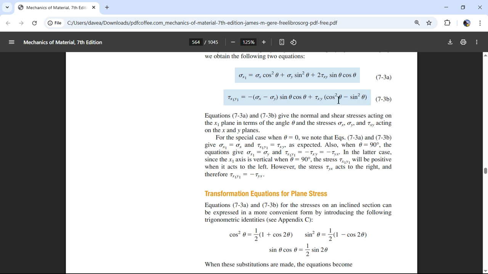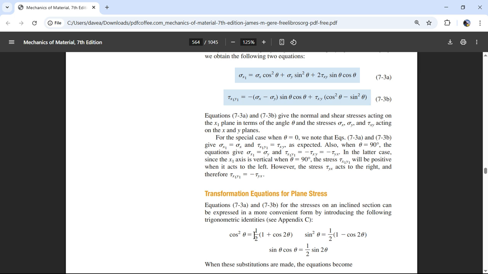You can be like, oh, cosine squared theta minus sine squared theta is going to be, hey, this is cosine squared. So this thing is cosine squared theta, and we're going to subtract it from this side. This is going to be a 1/2 minus a 1/2, so the 1/2s go away. This is going to be cosine 2 theta minus a negative cosine 2 theta.